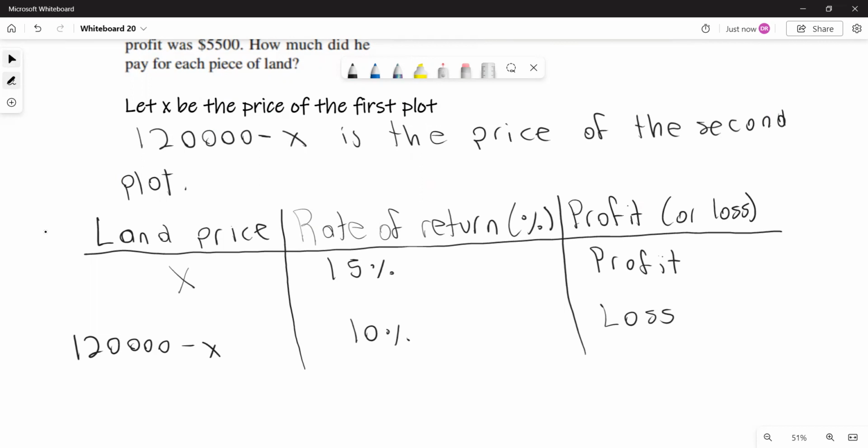That was a profit, so that was 0.15x. And the loss, if this was negative, that's 0.10 times 120,000 minus X.